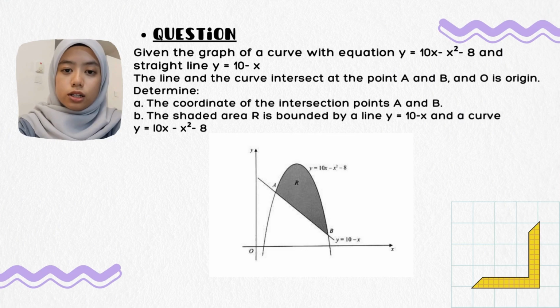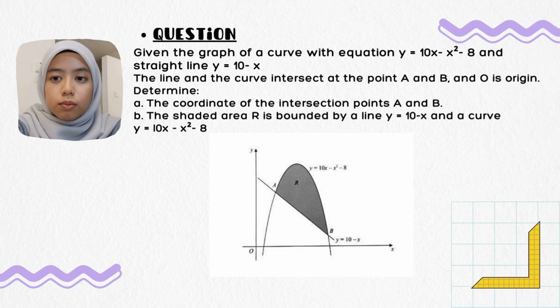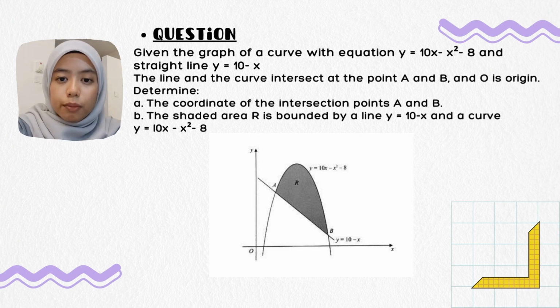So the question needs us to determine A, the coordinates of the intersection points A and B, and the second question, which is B, is to determine the shaded area R bounded by the line y equals 10 minus x and the curve y equals 10x minus x squared minus 8.